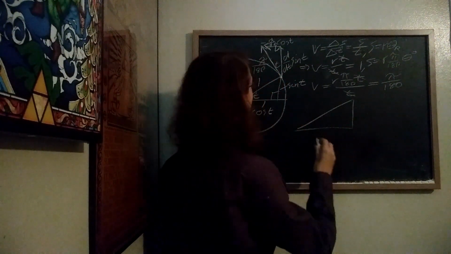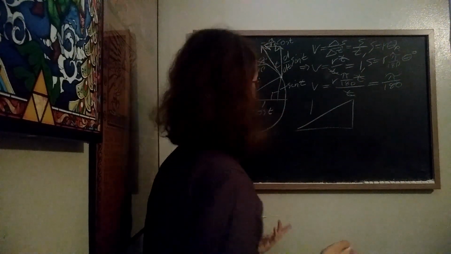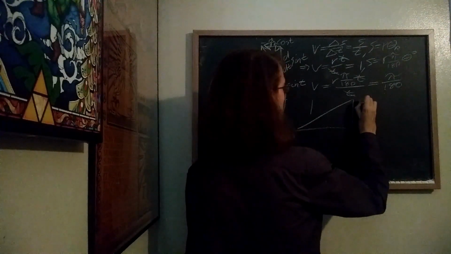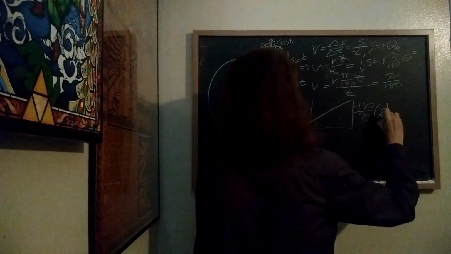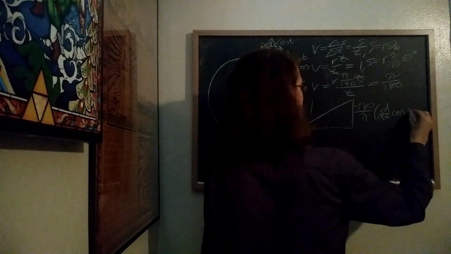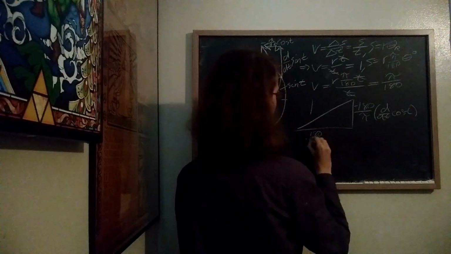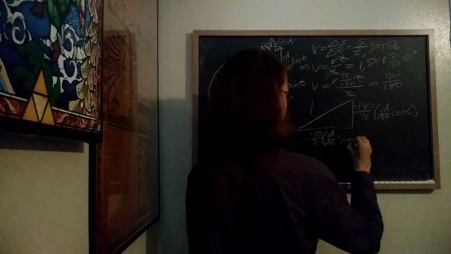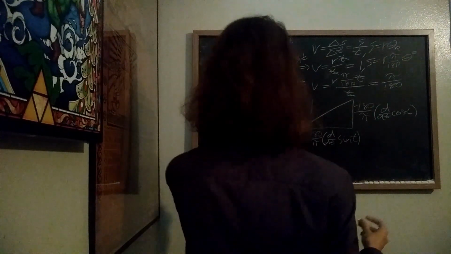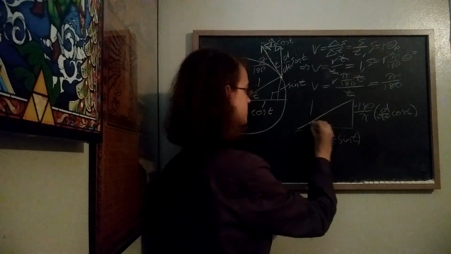And so if we draw what that triangle would look like, this would now be 1 because we're scaling everything up by 180 over pi, and now this would be 180 over pi times the derivative of cosine with a minus sign, and this one's going to be 180 over pi times the derivative of sine. And so now we can match the sides again, and so this is the angle t here.